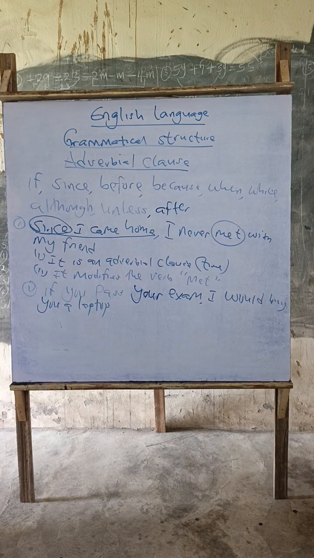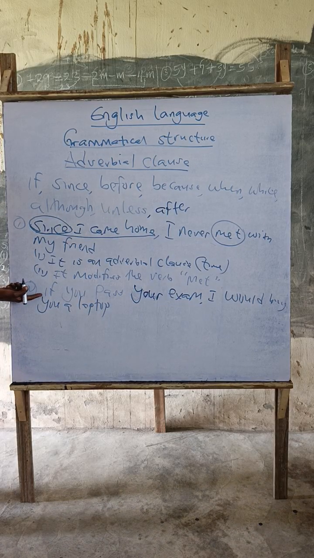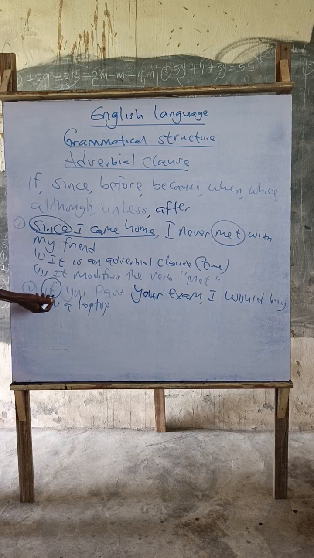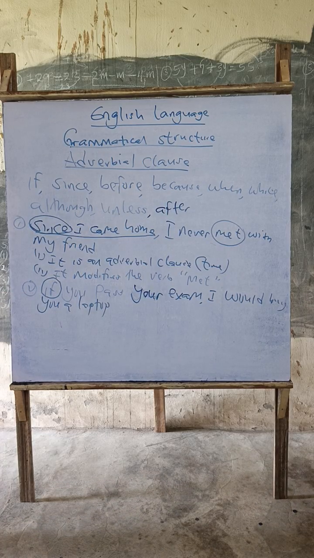So in this case, you can see this is our indicator, the adverbial conjunction. This is a subordinating conjunction, and it is beginning this one. So you say, if you pass your exam, I will buy you a laptop.